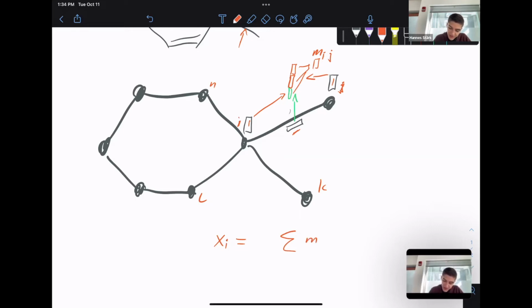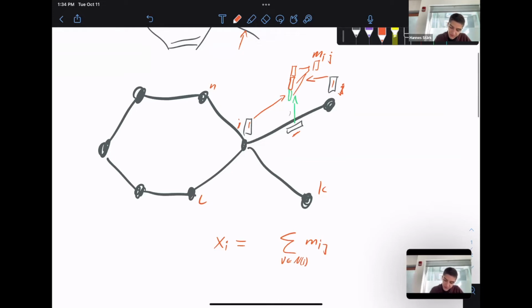So that would be M, I, V, where V is in the neighbors of the node I. So we sum over all of the neighboring vertices, the neighboring nodes, and the messages that were created between them, right?